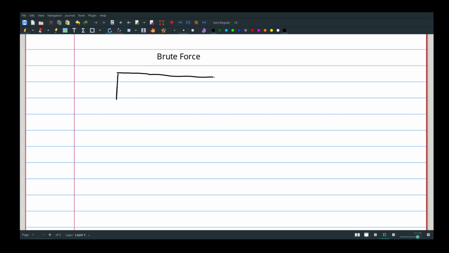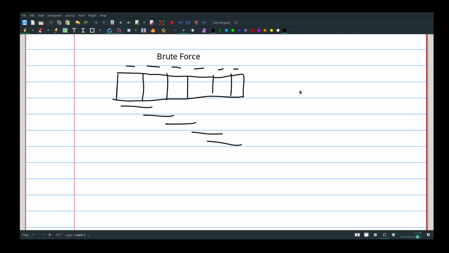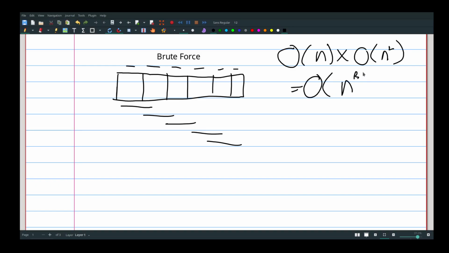So say we had an array, you could check all subarrays of length 1, then length 2, and so on. Computing the sum and the max of each subarray takes O(n) time, and there are n squared subarrays in total, which would give this algorithm O(n cubed) time complexity.